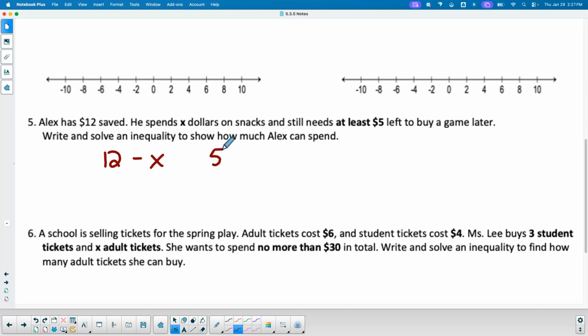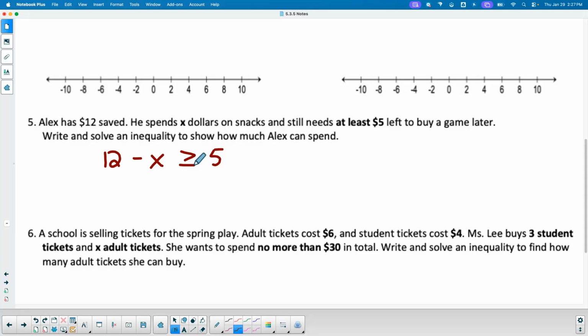So he needs to have $5, and he needs at least $5. If I'm looking here, at least is in my less than or equal to column. With me? Okay? So he wants the money in his pocket, which is the 12 minus X, to be at least $5. With me on that so far.